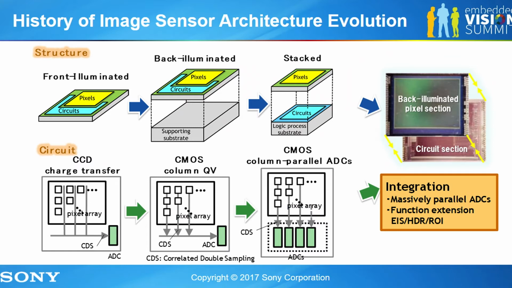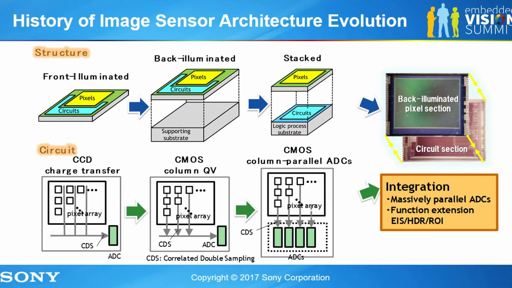Image sensors will have much more possibility to be intelligent, with integrated functions. As you can see, the massively parallel analog to digital converter can be implemented in the logic chip stacked behind the pixel chip, and we may also extend much more functions embedded in the sensors.